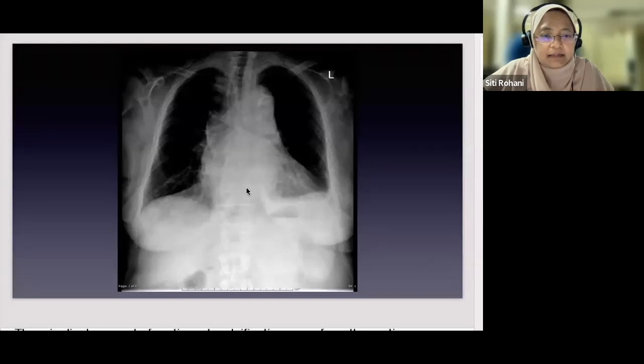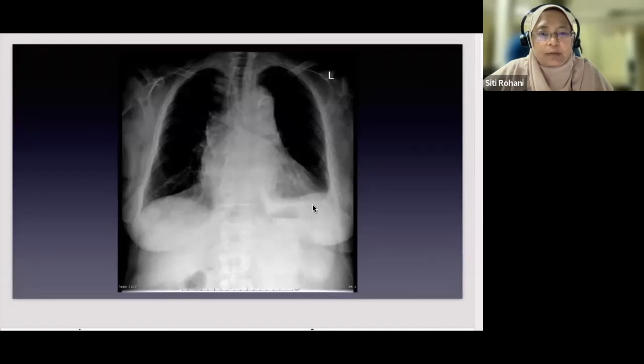The lung details have been obscured by the heavy windowing of the chest radiograph, so the lung parenchyma is not optimum for us to comment. There's no airspace opacity. A small left pleural effusion is present.